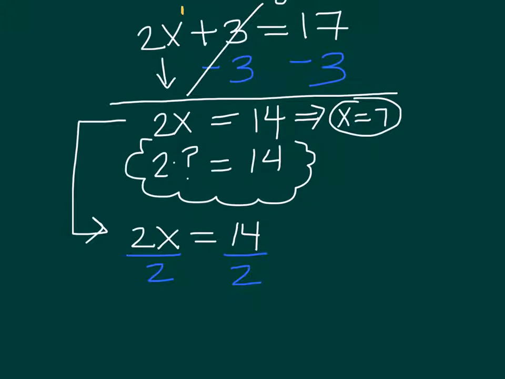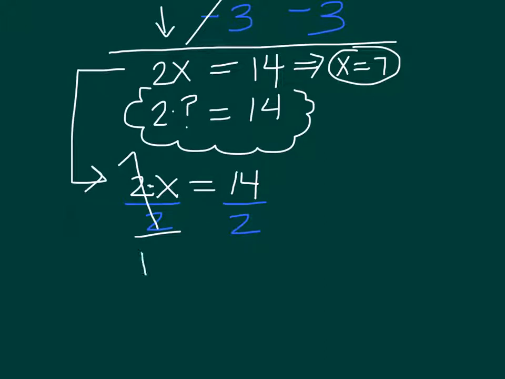So you do the opposite operation. The opposite operation of multiplication is division. We do that because we want a 1 there. 2 divided by 2 is just another way of saying 1. So 1 times x is 7, or x is equal to 7.